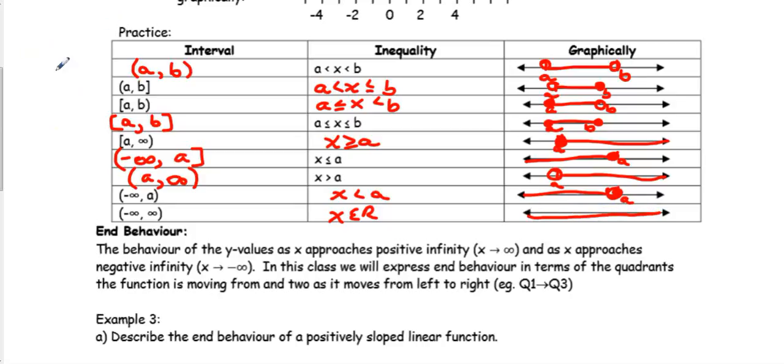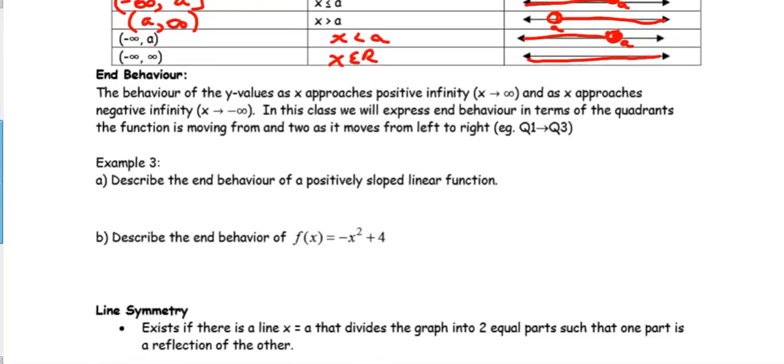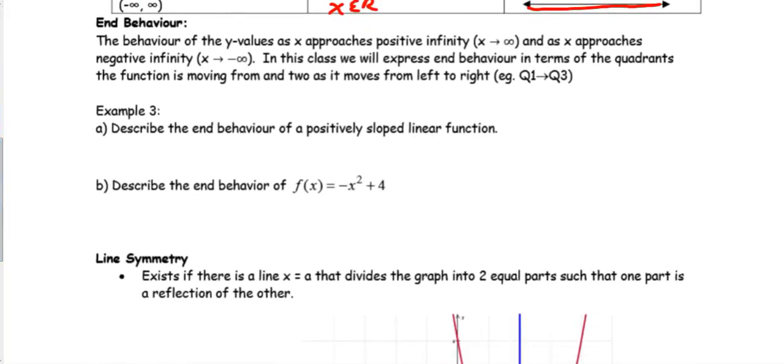Okay. Now let's talk about end behavior. So the behavior of the Y values is your end behavior, but it's as X approaches positive infinity or negative infinity. So in our particular class, we're going to express end behavior this way, by quadrants.